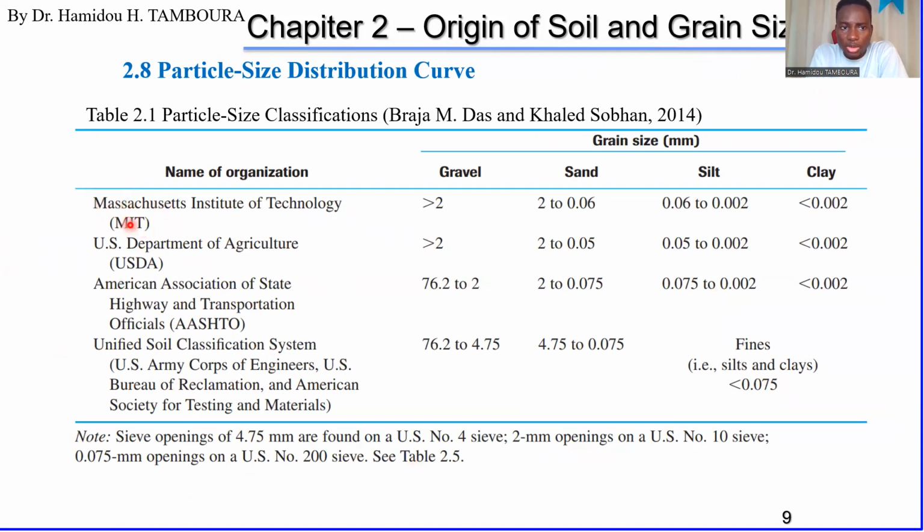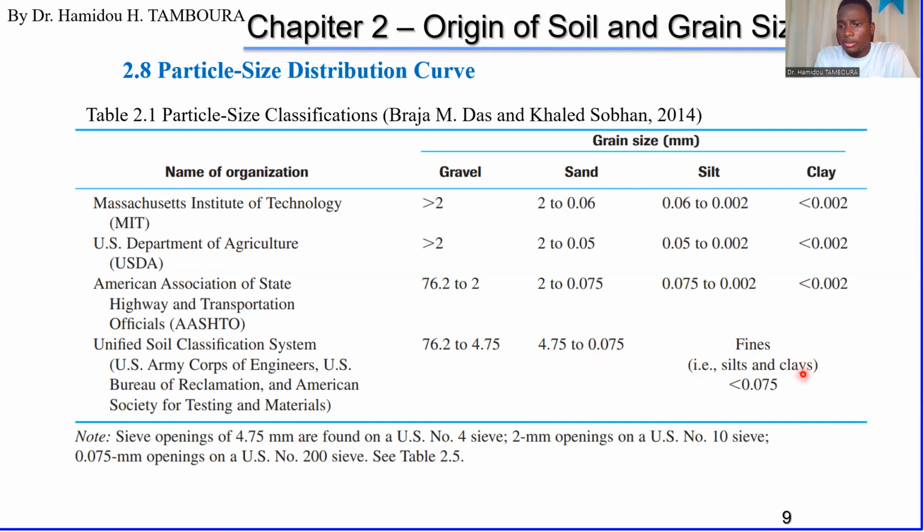We have classification MIT, a lot of classification, but the one we will be using is this one, the Unified Soil Classification System. This system is telling you that in size, don't forget it is in millimeter, from 76.2 to 4.75 millimeter, it is gravel. And from 4.75 to 0.075, it's sand.